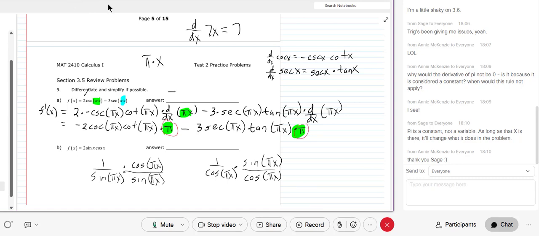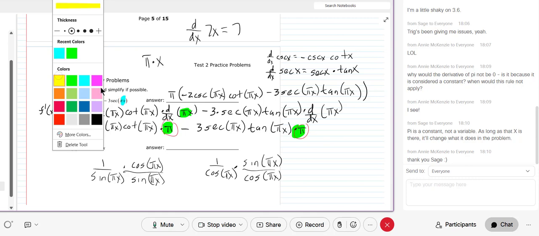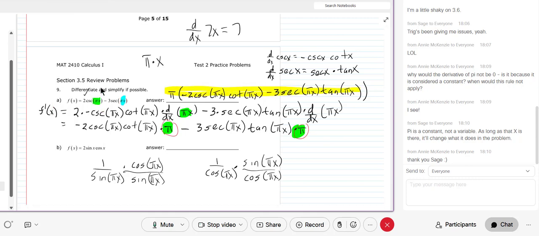If you factored a pi out, you'd have pi times negative 2 cosecant pi x times cotangent pi x, and then negative 3 secant pi x times tangent of pi x. So that would be one way to write the answer. Okay, so that's how you would handle the derivative of that. Do you guys have any questions about what I did there?